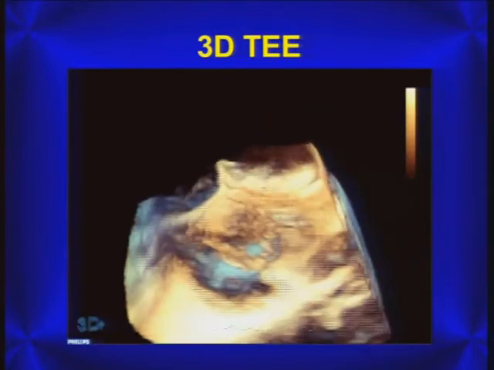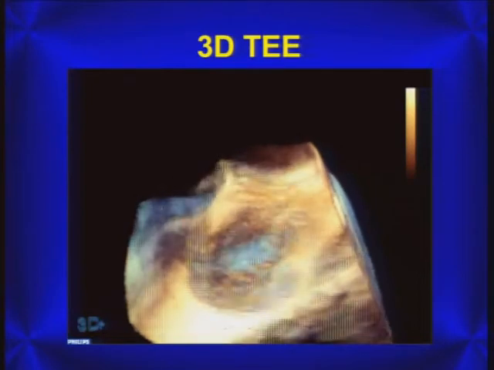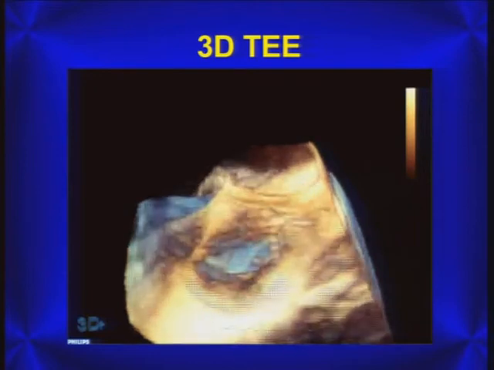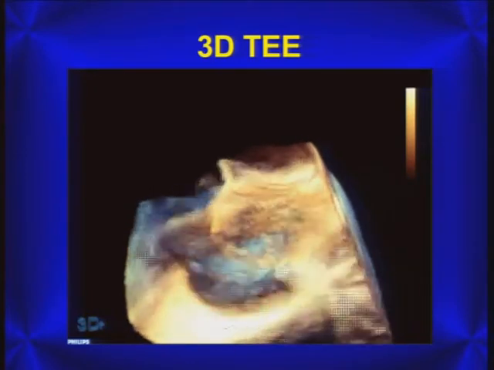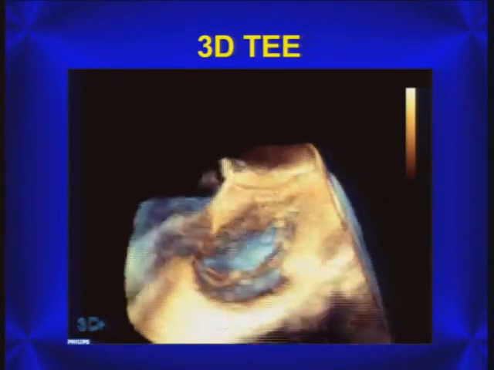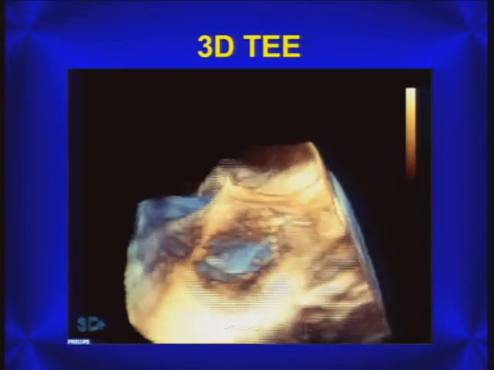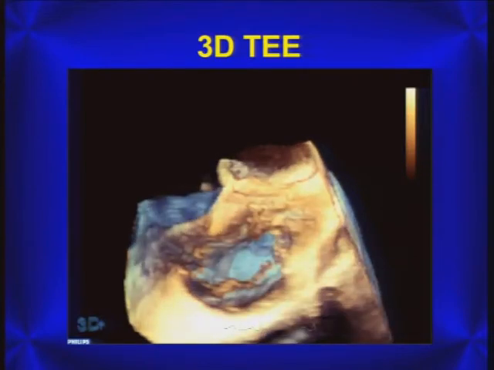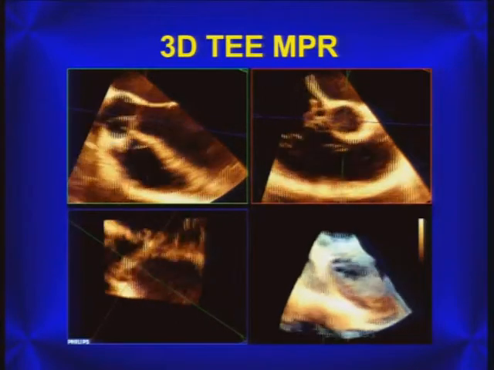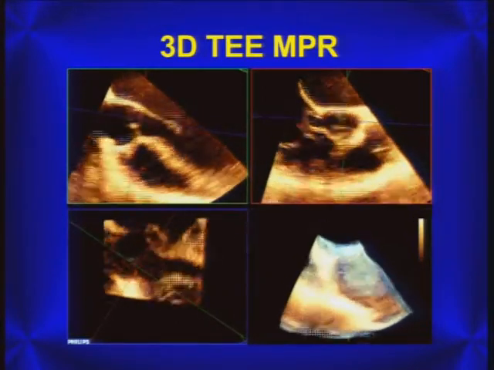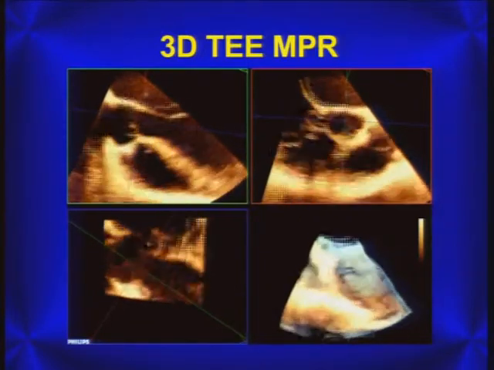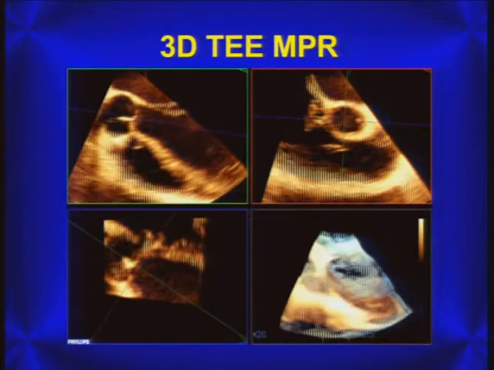With some difficulties, the right atrium and the mass and some part of the aortic root could be encompassed into the 3D zoom data set. Of course, frame rate dropped down, but it didn't disturb the further analysis with cropping and slicing. So let me show you the further analysis with slicing, with multiplanar reconstruction that always enables the accurate assessment of the spatial relationships in the volume data set.